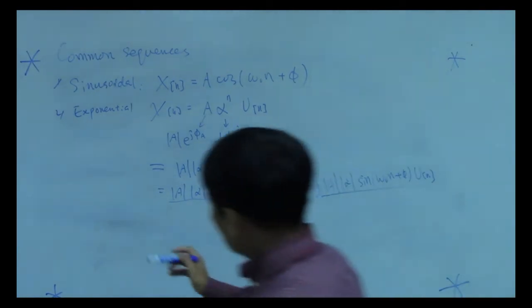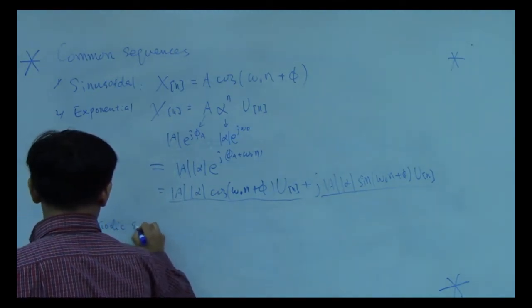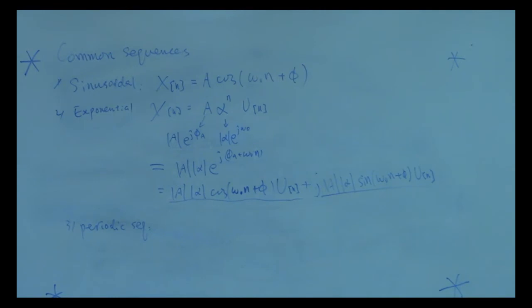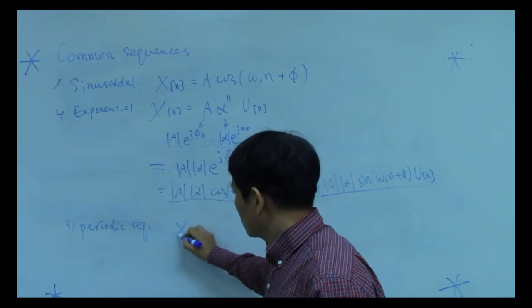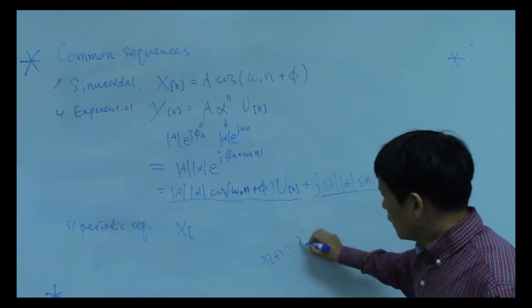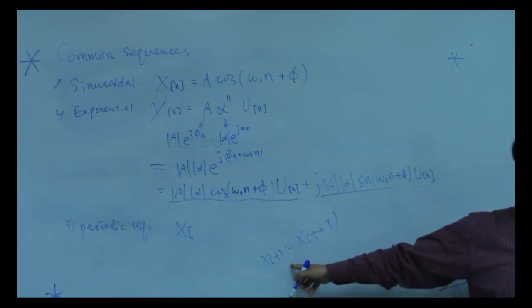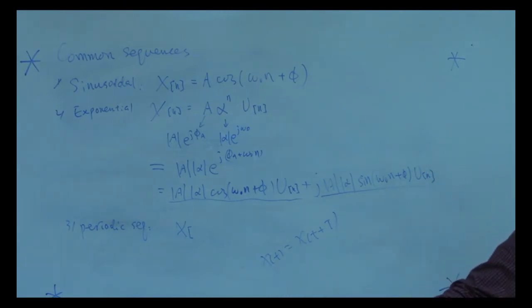All right. Next we discuss periodic sequences. What is a periodic signal in continuous time? In continuous time, if x(t) equals x(t plus a capital T) for any time, if this is true for any time, then this signal is called a periodic signal, and capital T is called the period.